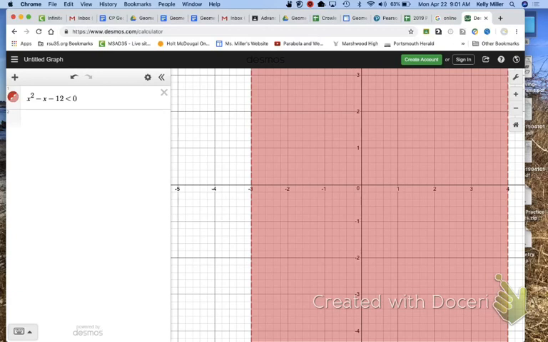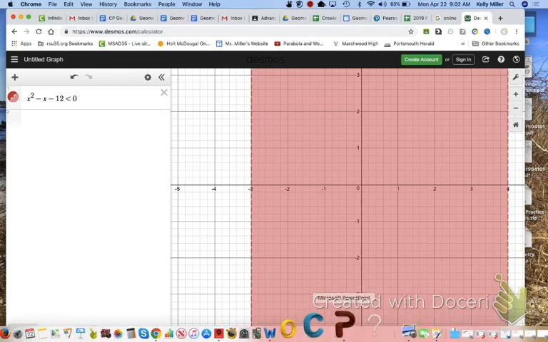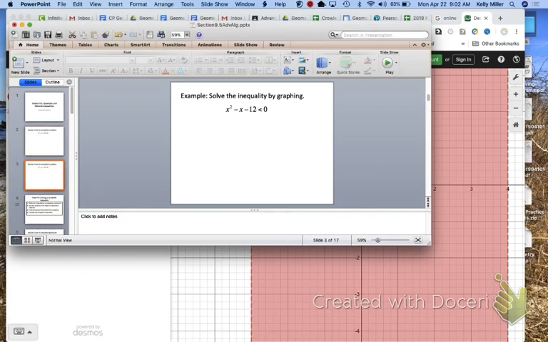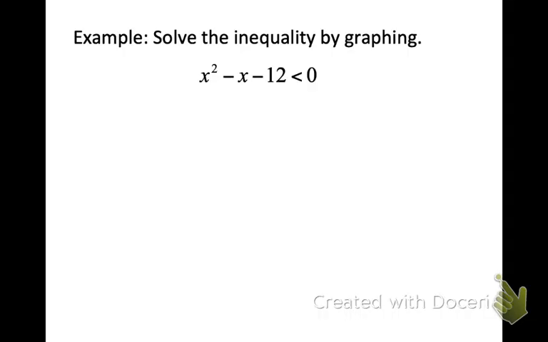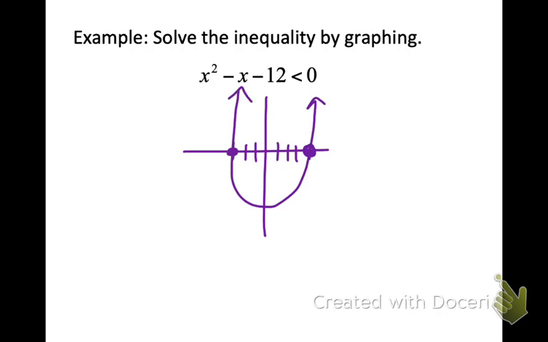So if we make a quick sketch of that in our notes, let's do the less than version of it. So x squared minus x minus 12 is less than 0. So now we're flipping the sign. My x-intercepts are still going to be at positive 4 and negative 3. Make my u.